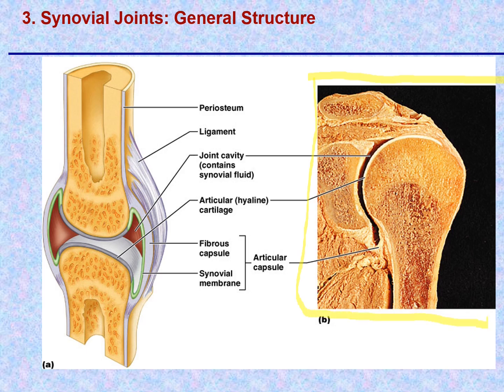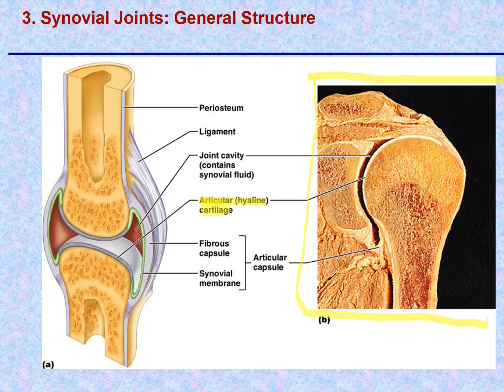But the 5 main key parts, I believe, are all shown here. The joint contains articular cartilage, which is hyaline cartilage on the surface, to allow for a very smooth surface so the bones can move against each other and not grind against each other.